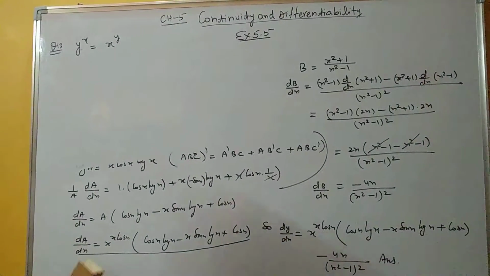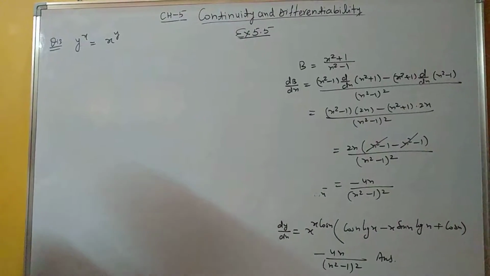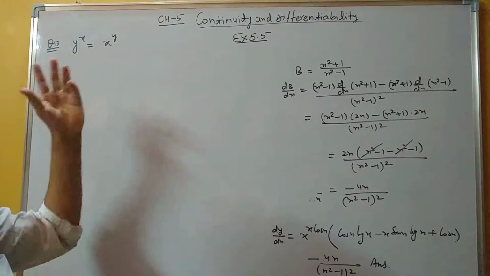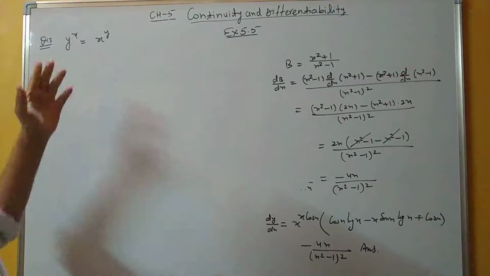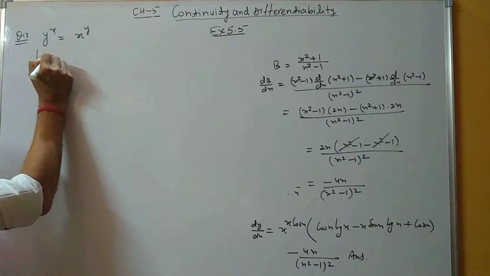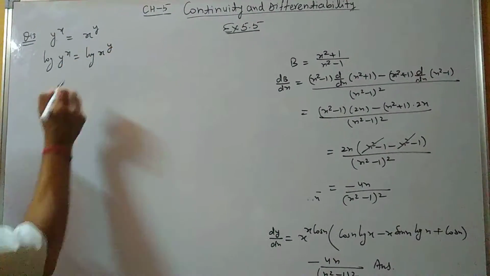Again you see that variable to the power variable is given, but both are in the form of equal sign. Now taking log both sides, log y to the power x is equal to log x to the power y.